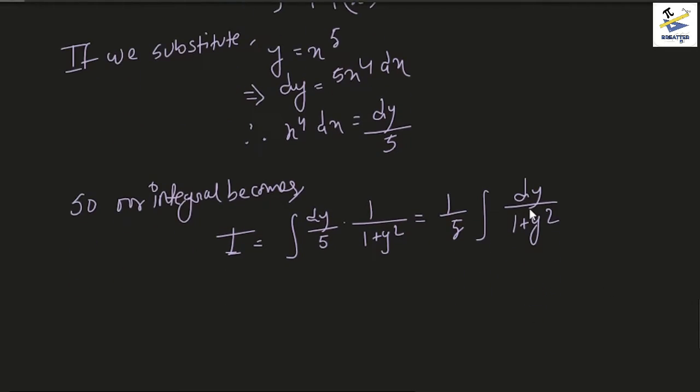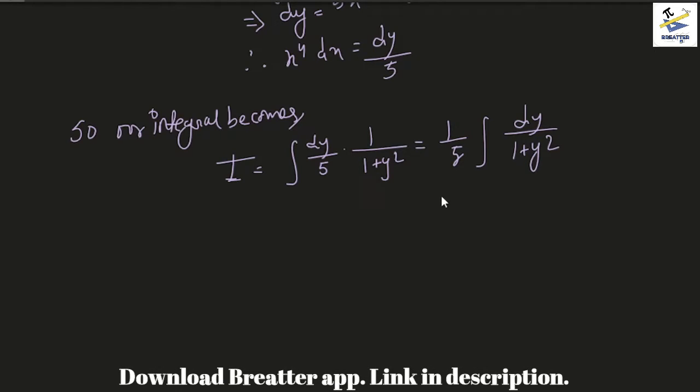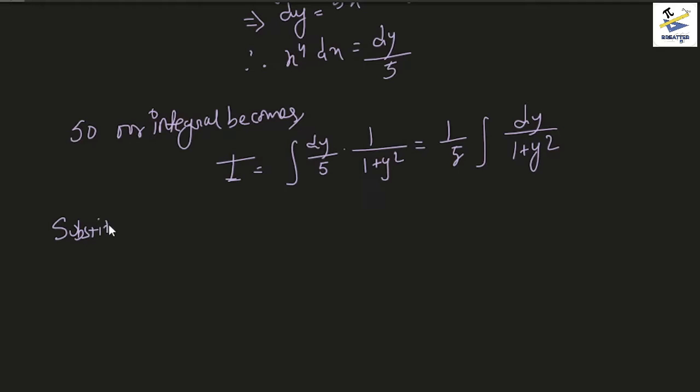Now since we already know the integral of 1 by 1 plus y square is tan inverse y, but if we hadn't known that, we can use trigonometric substitutions in problems where we have something of the form 1 plus x square or 1 plus y square in the denominator or in the numerator. And remember, you can make as many substitutions as you want. There is no rule of making only a single substitution for a single integral. As you can see, I am going to make a second substitution now.